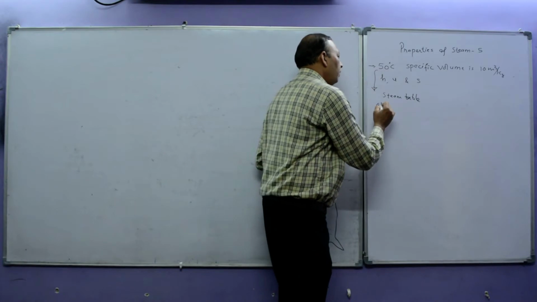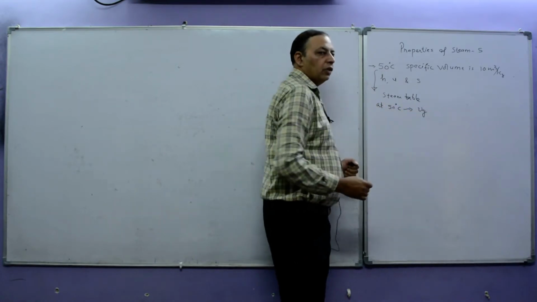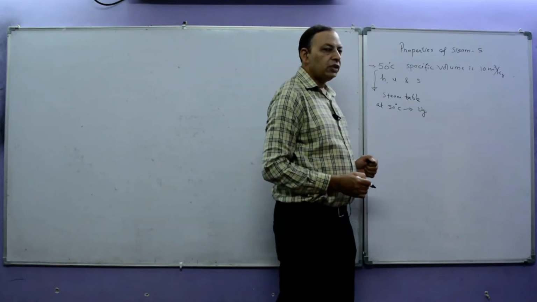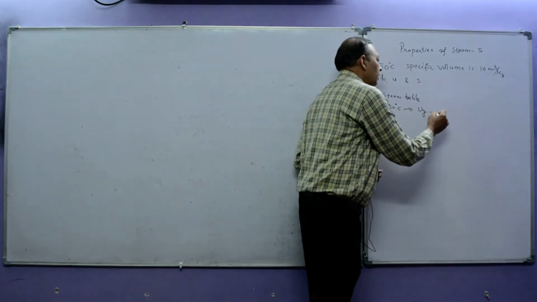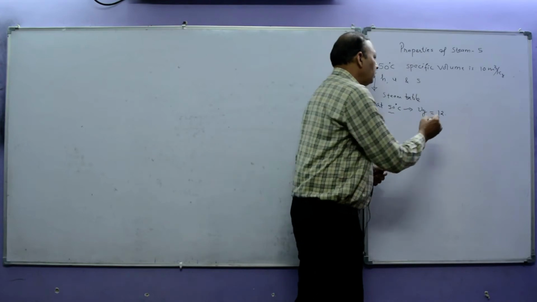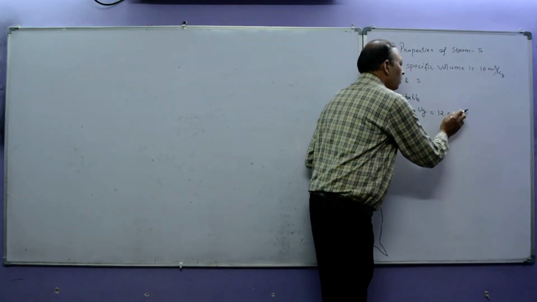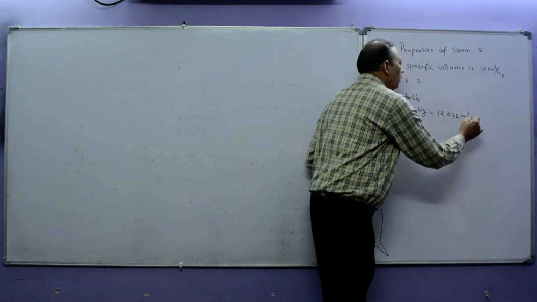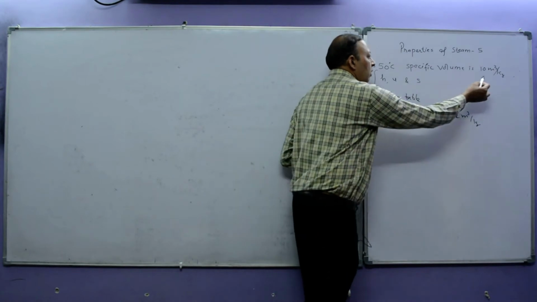At 50 degrees Celsius, first we will see the value of Vg. We know that at 50 degrees Celsius the corresponding value of Vg is 12.032 cubic meter per kg.